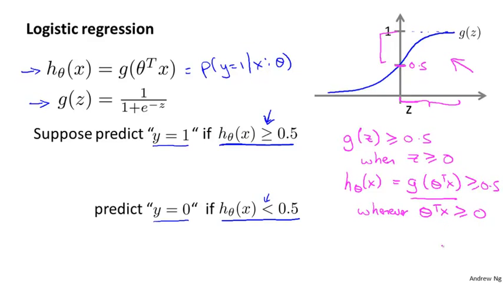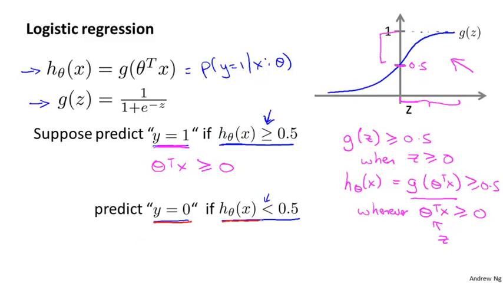So what we've shown, right, because here theta transpose x takes the role of z, is that our hypothesis is going to predict y equals 1 whenever theta transpose x is greater than or equal to 0. Let's now consider the other case of when our hypothesis will predict y is equal to 0.